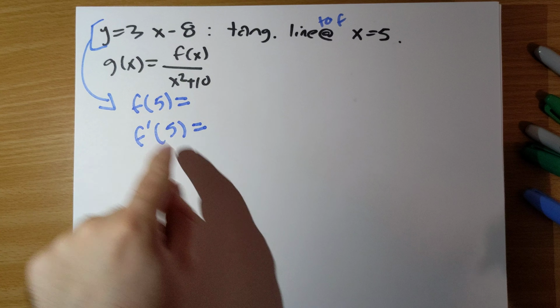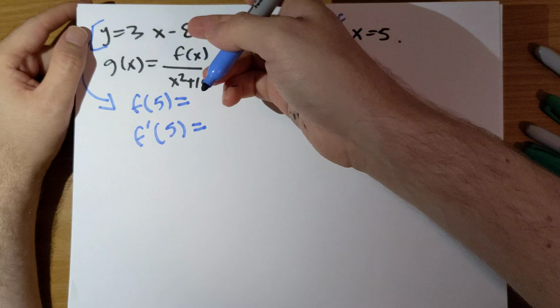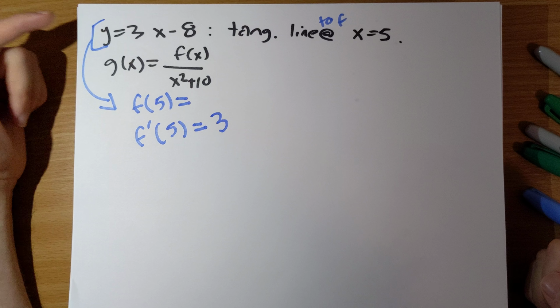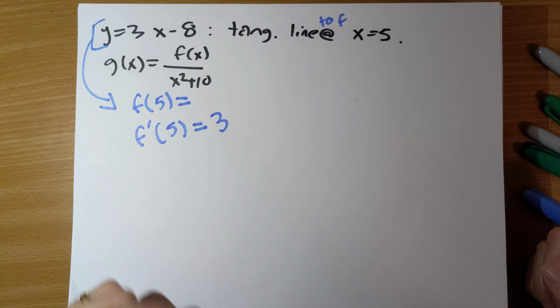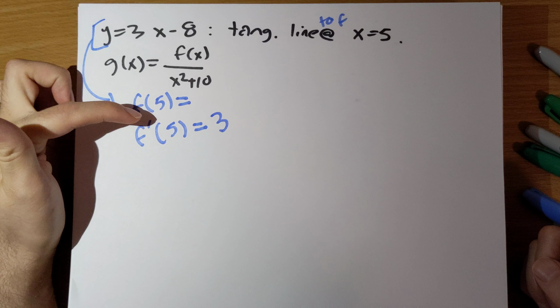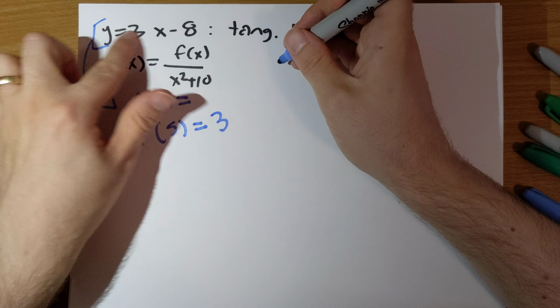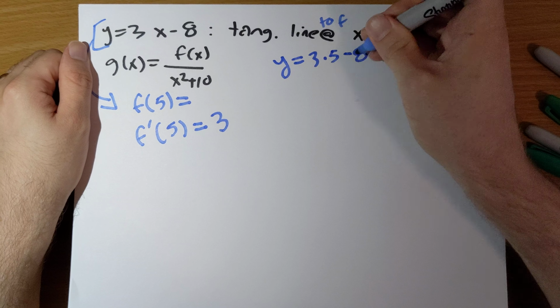So f prime of 5 is the slope of the tangent line. What's the slope? We should be able to just look at this and see that this line is slope 3. And the tangent line is slope 3. That tells us f prime of 5 is equal to 3. And now about f of 5, when we plug in 5 into this equation, y is equal to 3 times 5 minus 8.